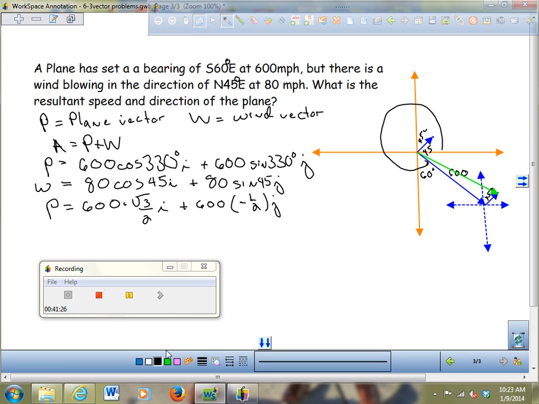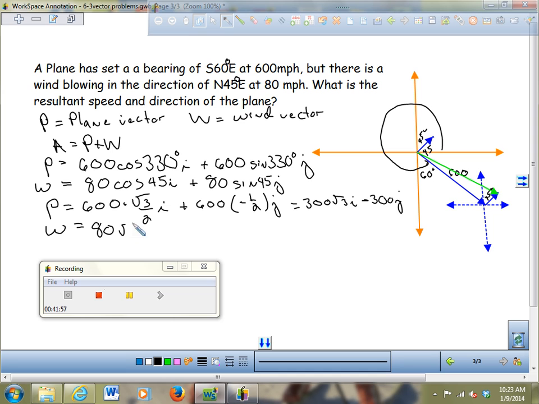Negative 1/2. Understand that? Okay? And I'm going to simplify this some more to be 300 root of 3 i minus 300 j. So that's a simplified form of the plane vector, which direction it's trying to go. The wind is going to simplify. What's the cosine of 45?